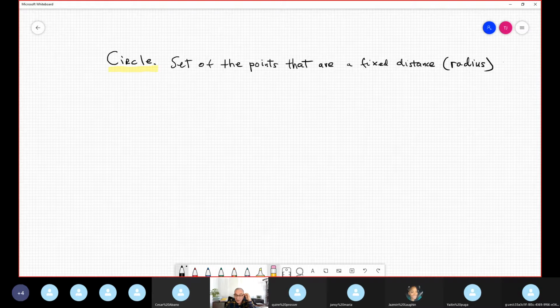Normally it's denoted by the letter R, the variable that we're using for this, from a fixed point. A fixed point is the center.